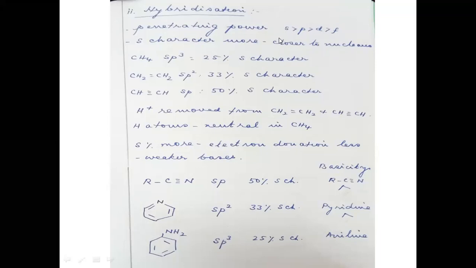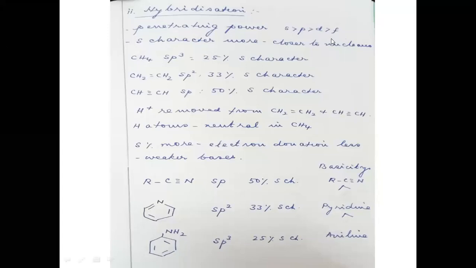Certainly a 1s orbital will be closer to the nucleus and a 3s orbital will be far away from the nucleus. So you should not compare across different principal quantum numbers. You should take one principal quantum number and compare how close the orbitals are to the nucleus and what their penetrating powers are.